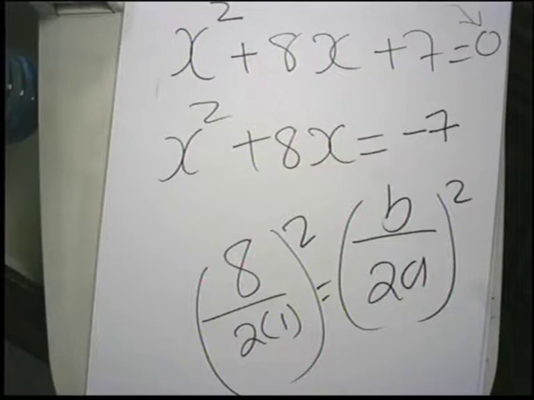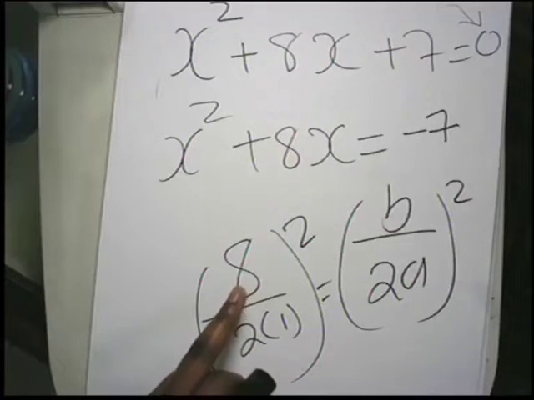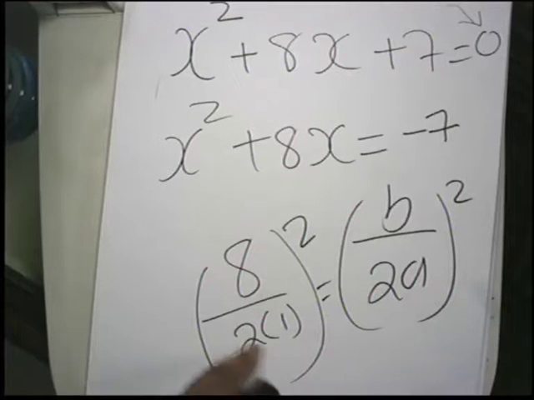If you square 8 and then divide it by 2 to the power of 2, then you will get your answer equal to 16.